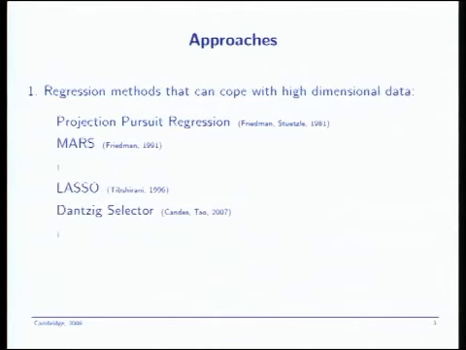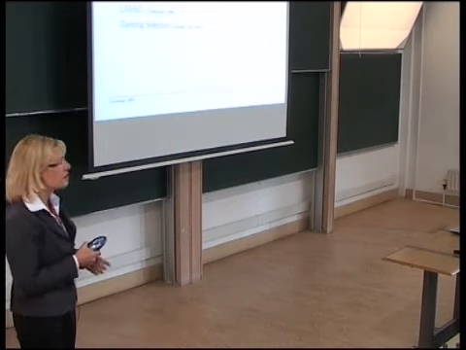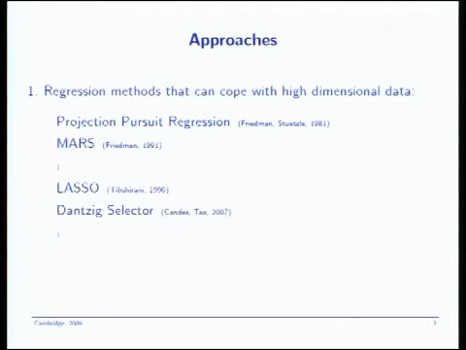So what is available? There's a couple of approaches available. Firstly, these approaches mentioned here are methods which at the same time reduce the dimension of the predictor and estimate the link function, like projection pursuit regression, for instance, and Mars, introduced by Friedman, and so on.